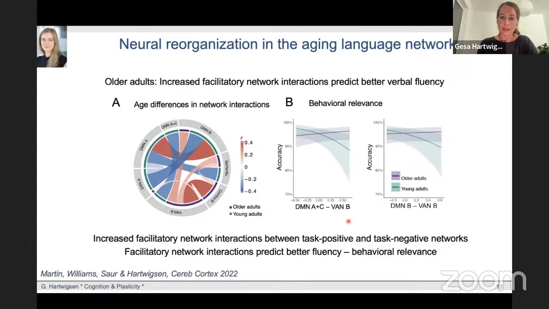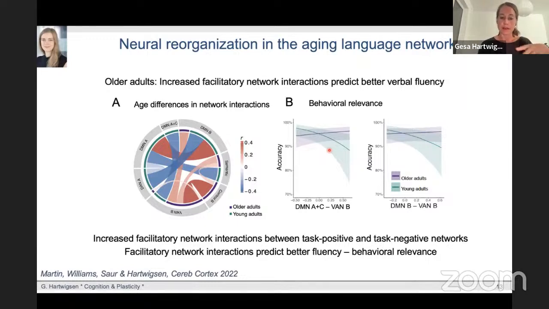And these changes seem to be associated with better performance. So facilitatory network interactions predict, or are associated with, better semantic fluency selectively in old brains, whereas this is different in young brains. So these changes seem to be adaptive or of behavioral relevance, at least when it comes to task accuracy.